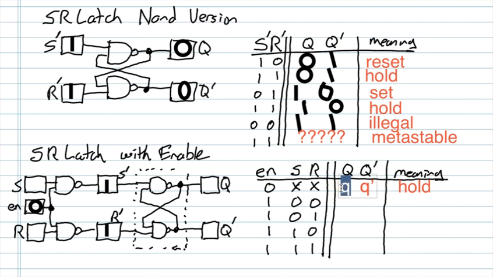Maybe for the moment, I'll just do Q, just to let you know we're holding our own values. With a little bit of a space there. Okay, that looks better. So 0 on enable forces a hold. That's the end of the interest of the enable.